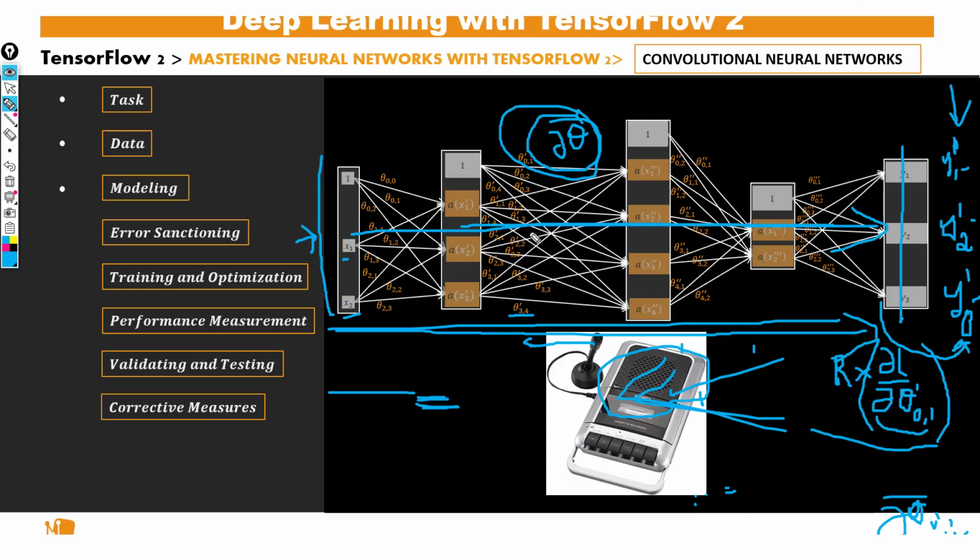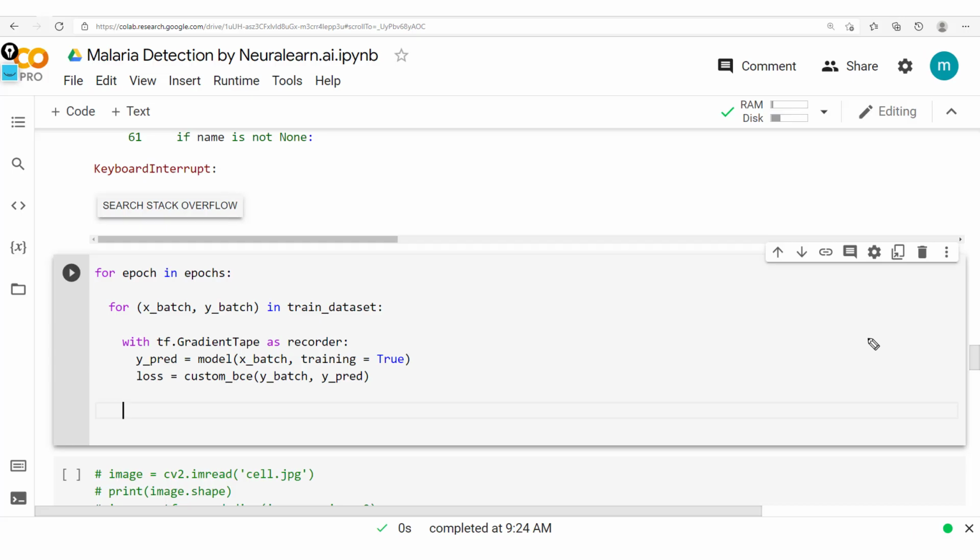Now all the intermediate values and intermediate gradients have been recorded and can be used in computing this partial derivative right here. That said, we can now obtain the partial derivatives.